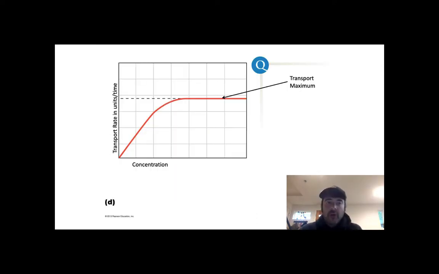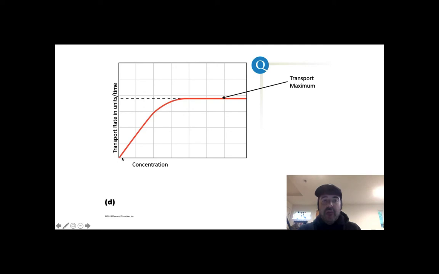Now, transport processes that involve the use of a protein, and specifically carrier-mediated processes, tend to follow what's called a saturation curve.